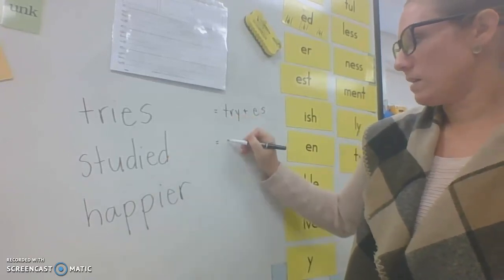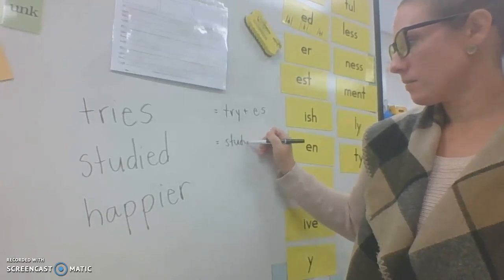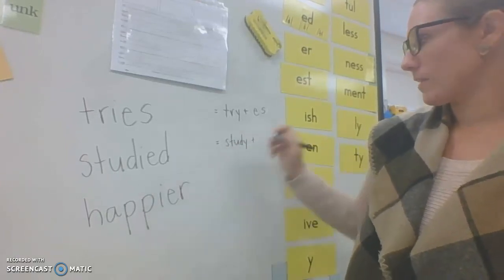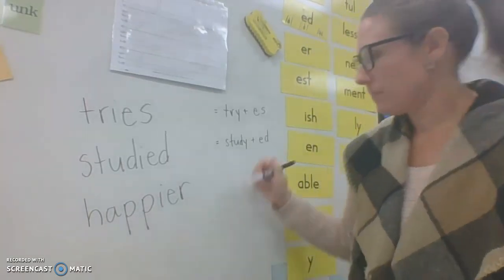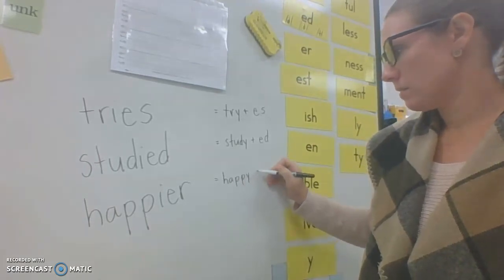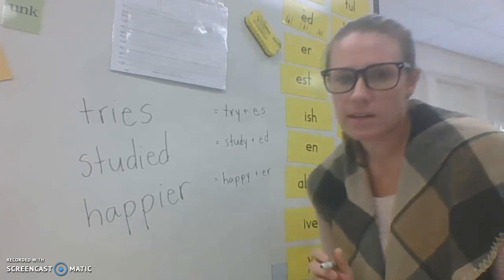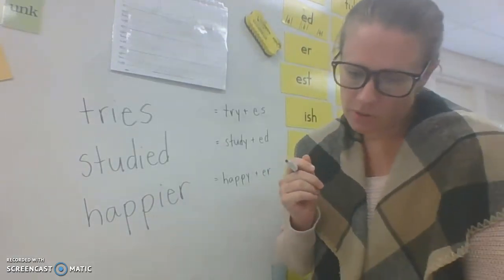So this one would be, pause it here if you need some more time, study plus the suffix ending, ed. Did you try happier? Happier equals the base word plus the suffix. Okay, now I would like you to mark them.